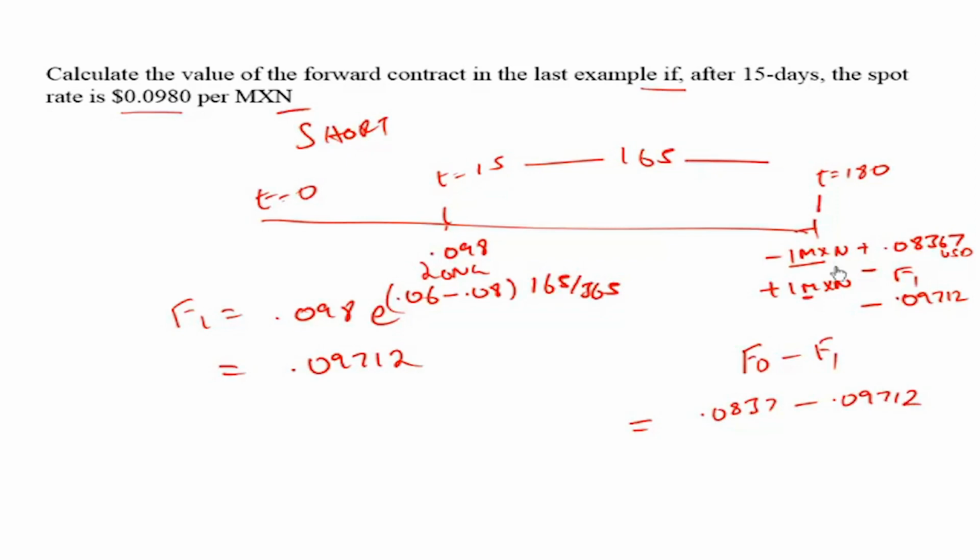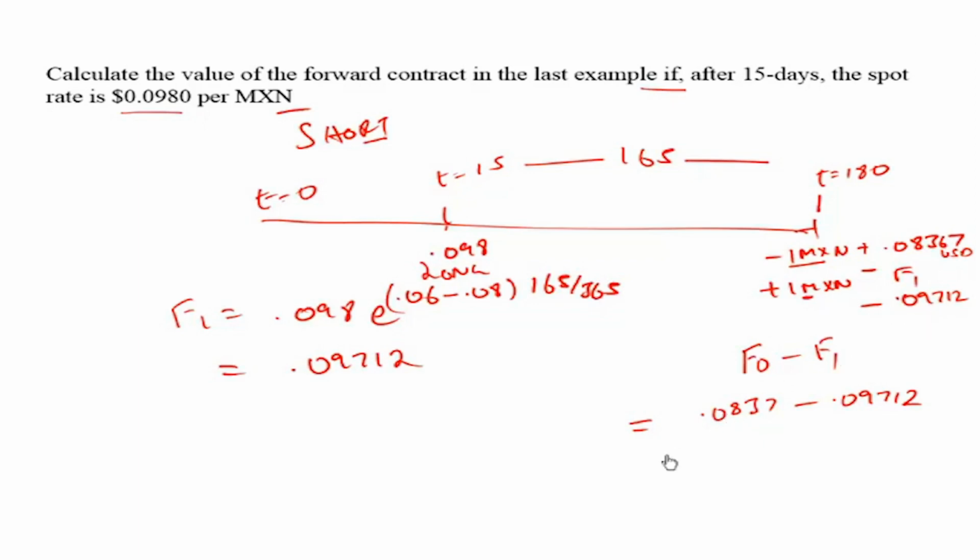0.09712, because he's selling 1 Mexican peso for so many USD, and now the Mexican peso has appreciated. It was worth only 0.085 USD and now it is worth approximately 0.1 USD. So when he buys it back, he will have to pay more US dollars.